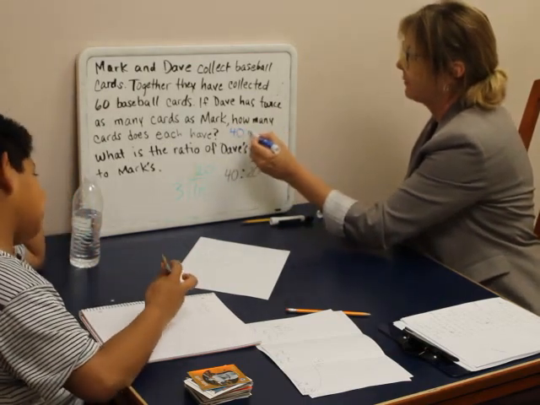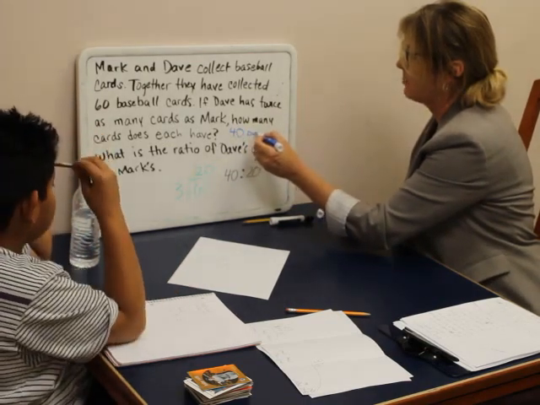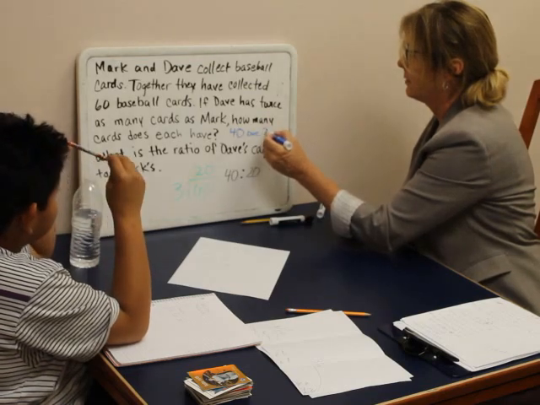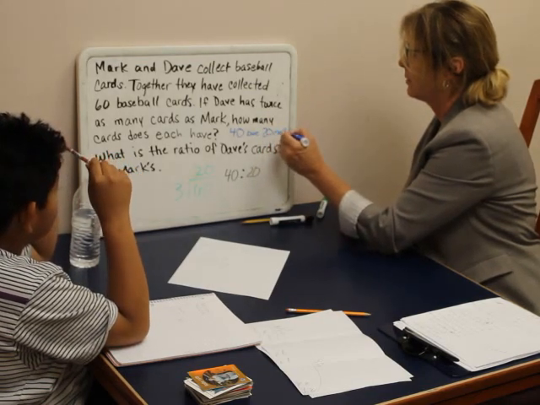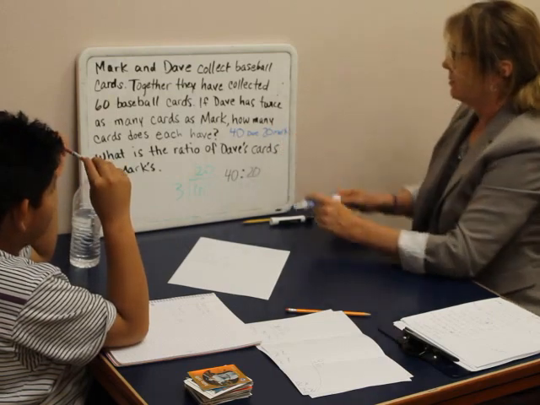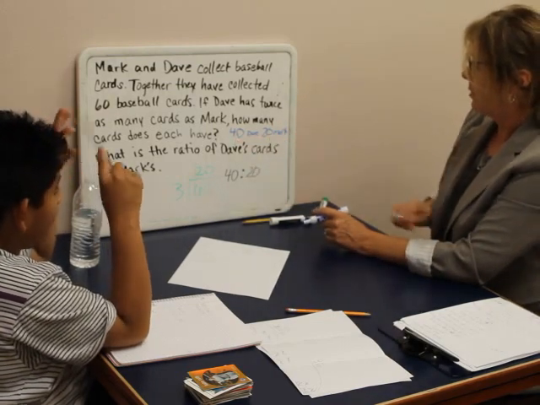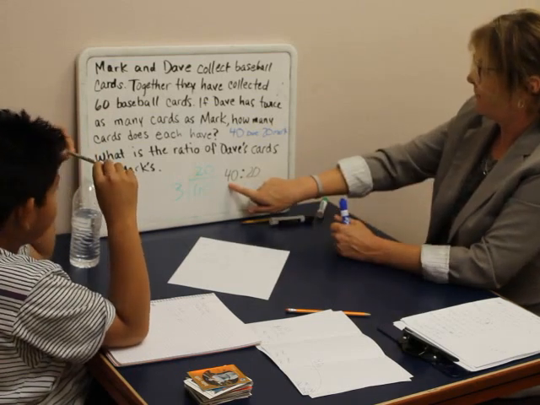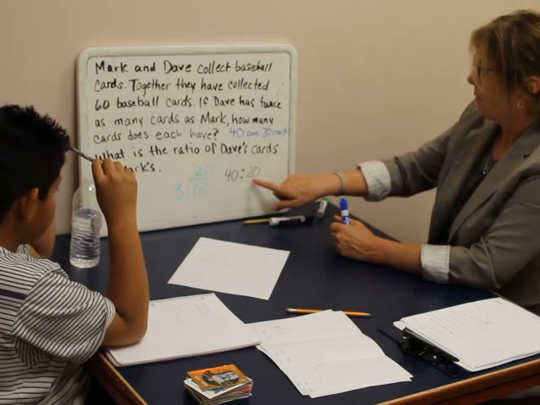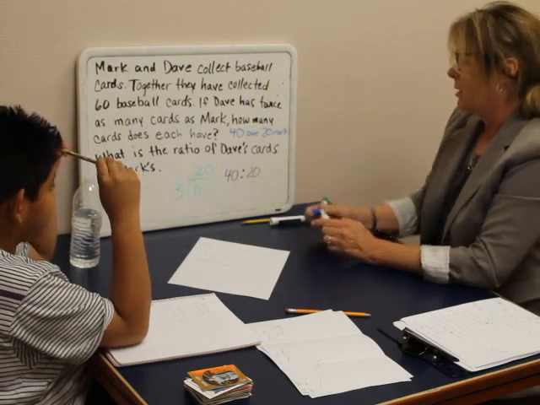For Dave. And Mark has how many? 20? 20 for Mark. So we had the number 40 and we had the number 20. And our ratio, we figured that out to be what? 40 to 20? 40 to 20.